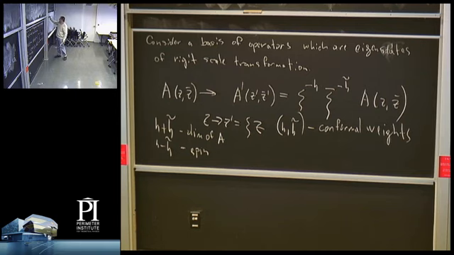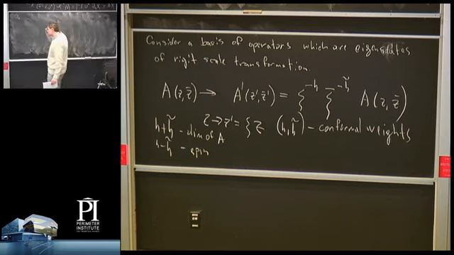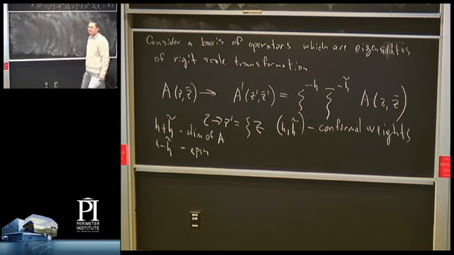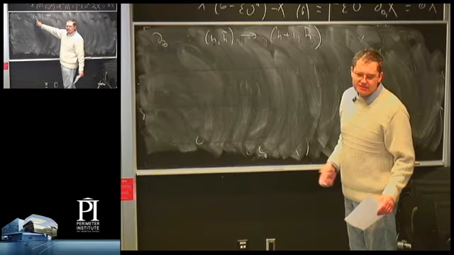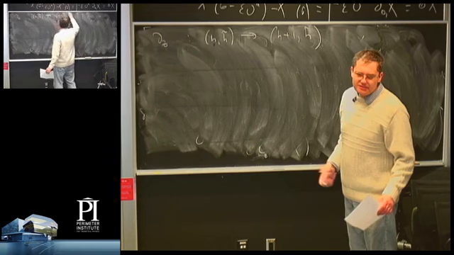So if I act with del z on an operator, what will happen with my weights? Okay, so I have an operator with weights h, h tilde. Now when I act with del z on the operator, I'm increasing this weight. Is it obvious? No? Let me write it down and then show you that it's obvious.